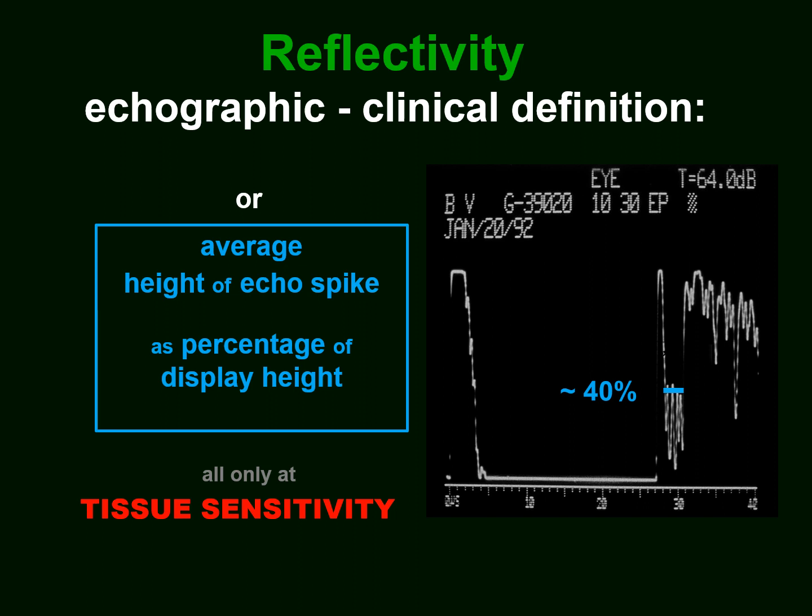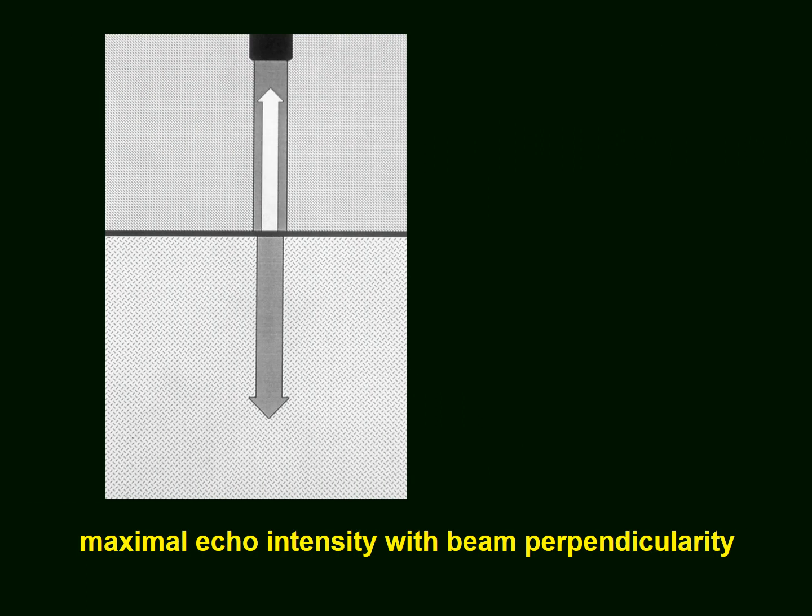And all this can only be used at tissue sensitivity. At other sensitivity settings, this clinical echographic definition is worthless. So tissue sensitivity is a must. We are dealing with maximum echo intensities when the beam is perpendicular.